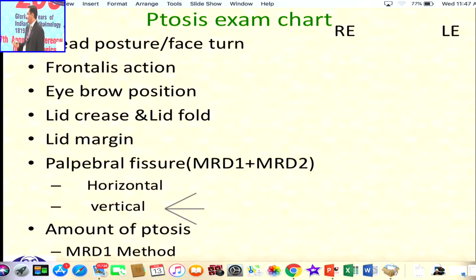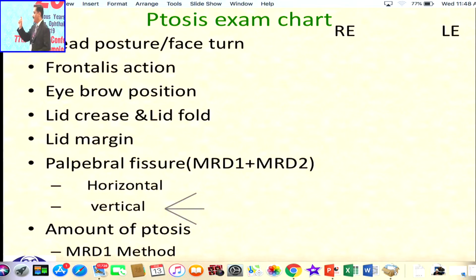Amount of ptosis is calculated based on 2 methods. One, difference in the vertical palpebral fissure in primary gaze. Second, the MRD1 method. What is MRD1? The difference between the upper eyelid margin and the corneal light reflex. Normal MRD1 is 4 to 5 millimeter.